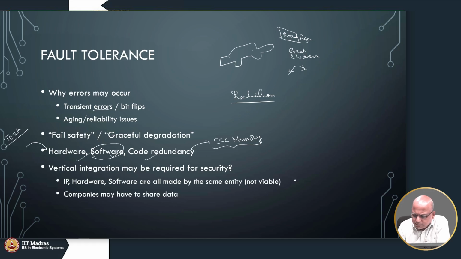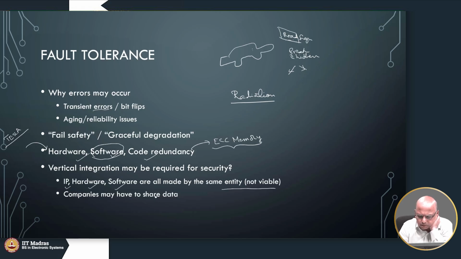An example could possibly be Apple, although I think they don't manufacture their own chips, they go to other parties to make them. But Apple will make their own hardware design, their own software design. They probably design their own IP, right? But it is very difficult to do this.